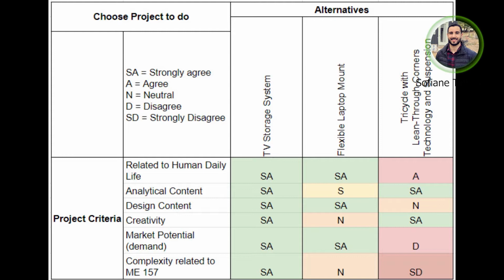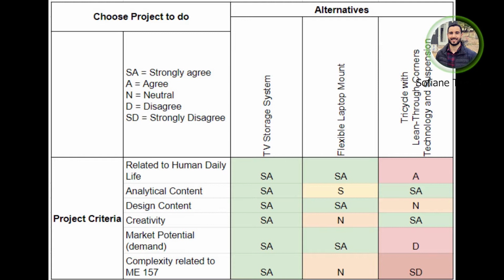Other projects that were considered besides the TV storage system were the tricycle with leaning through corners and the flexible laptop mount. By using the decision matrix, we decided the best project for our criteria. We graded each alternative on the following criteria. The project should be related closely to human daily life.